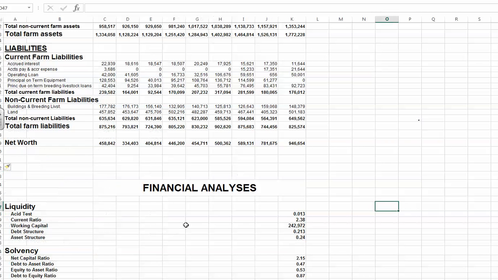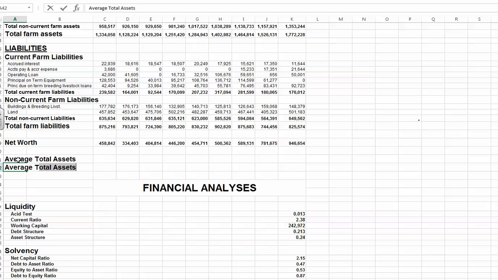Okay, when we get to the balance sheet, I'm going to come down here and add 3 rows. I'm going to say average total assets, average total liabilities, which will be debt, and then average net worth.